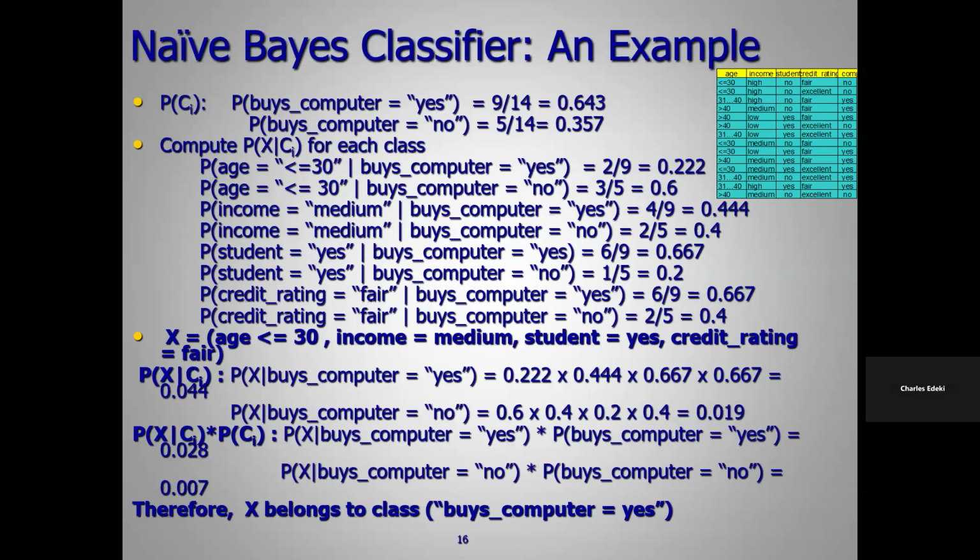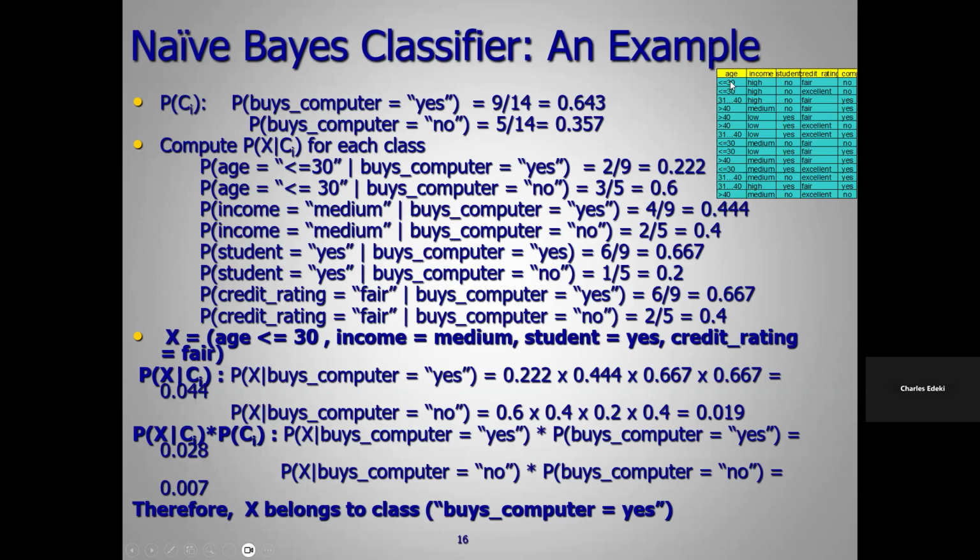So just count the yeses: 1, 2, 3. Because we say probability of this age given buys computer is yes, it's conditional probability. We can't use the whole 14. We are going to use the total of yes. Buys computer out of yes is 2. The yes total is 9, and the no total is 5.